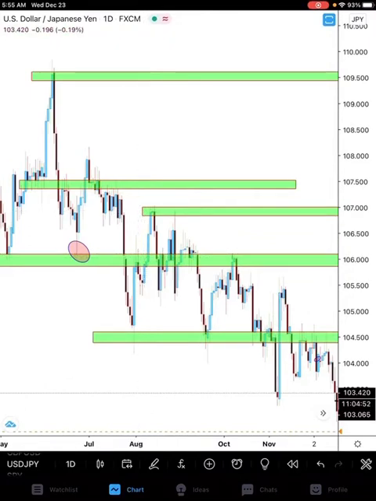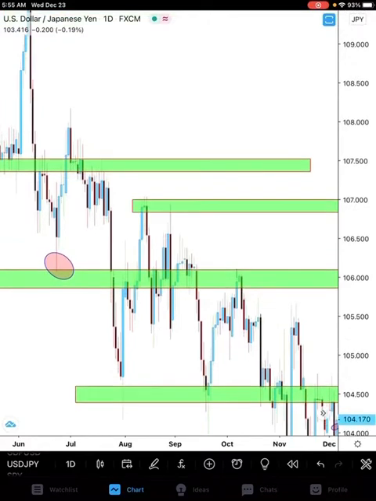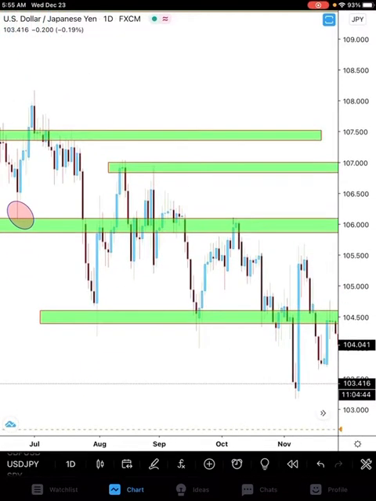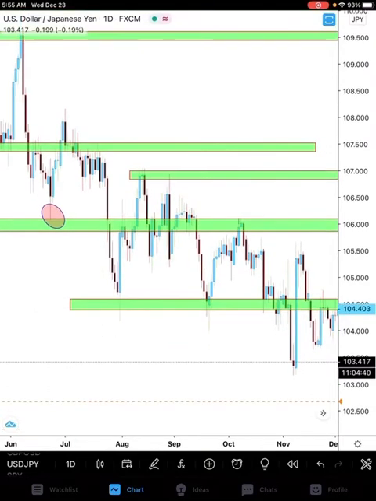And just a reminder, guys, this is the daily time frame, so it's definitely not just going to happen overnight. A lot of the time you would have to hold these for maybe the duration of the week, from like Tuesday to Thursday.